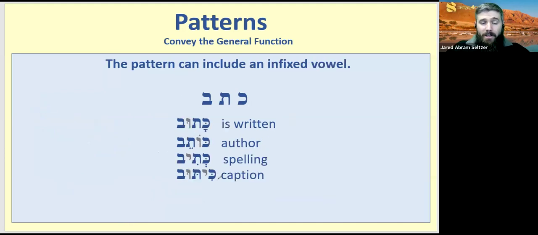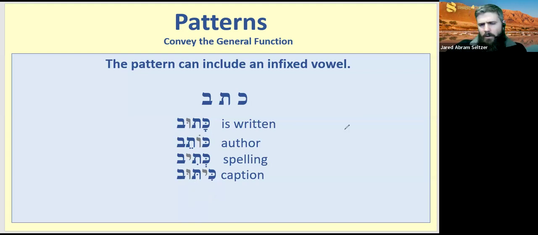All right, now patterns can also have an infixed vowel. Now, to my limited knowledge, I believe only yod and vav can show up in the middle of the three root letters. So if you happen to see a yod or a vav, suspect that it is an infixed vowel that's part of the pattern, not necessarily part of the root.